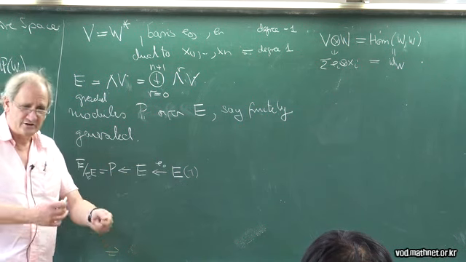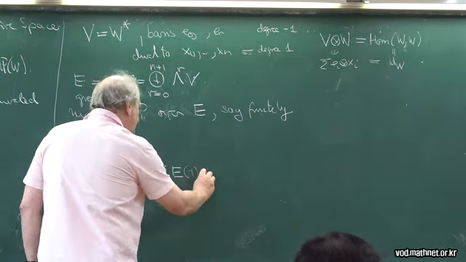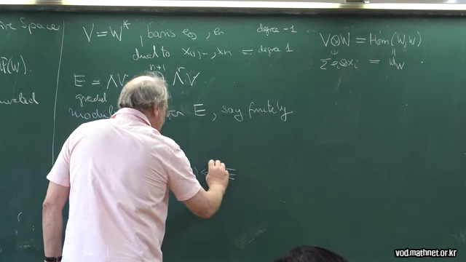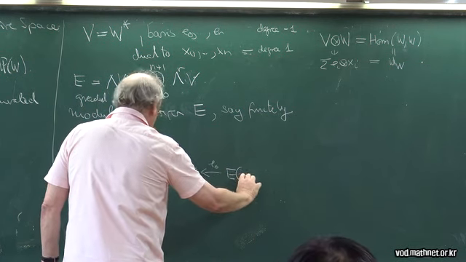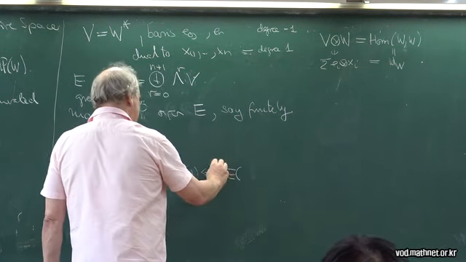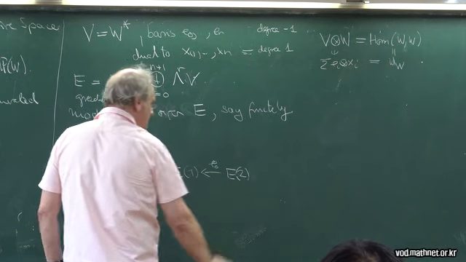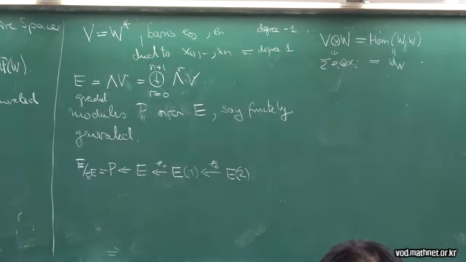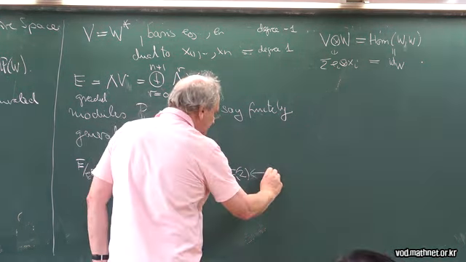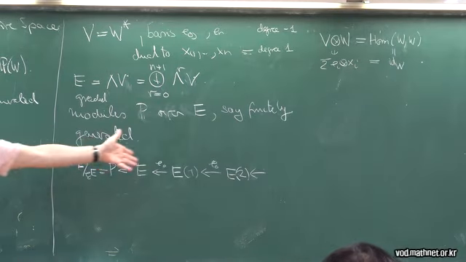Well, e0 squared is 0, so the kernel of this map is again given by e0 E, shifted by plus 2, right? And of course now it continues forever.